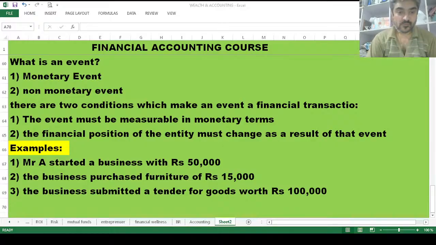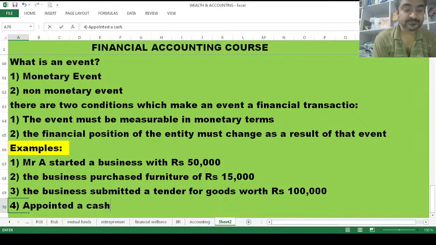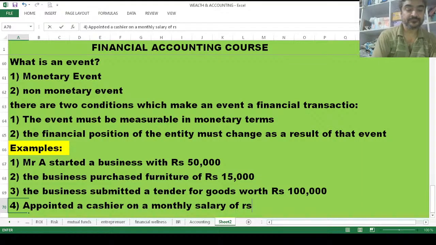Now let's discuss the fourth example. The business appointed a cashier on a monthly salary of rupees 50,000.